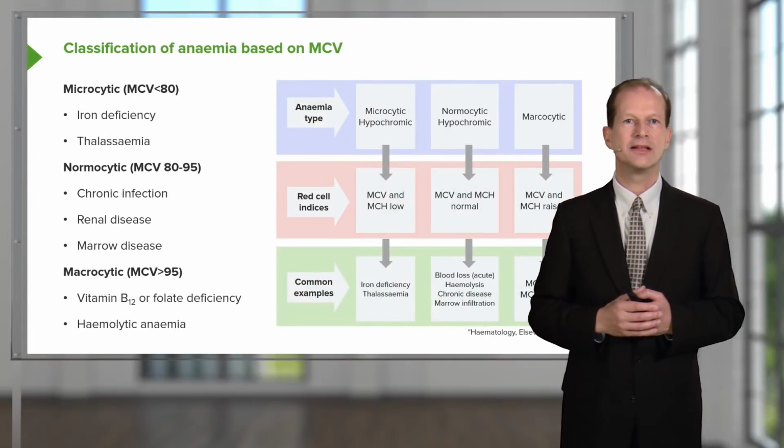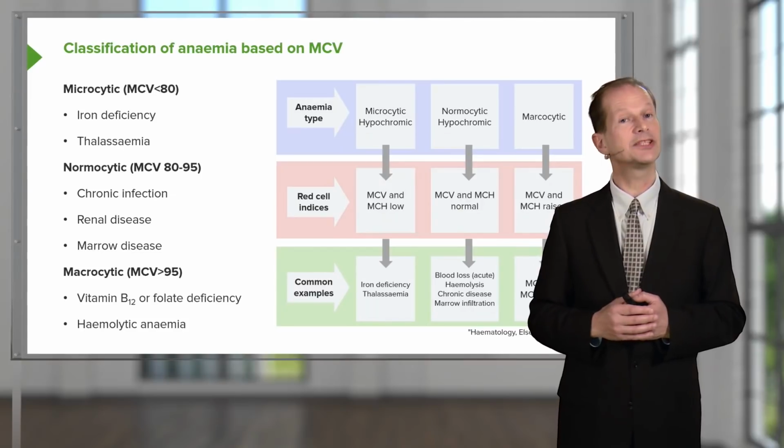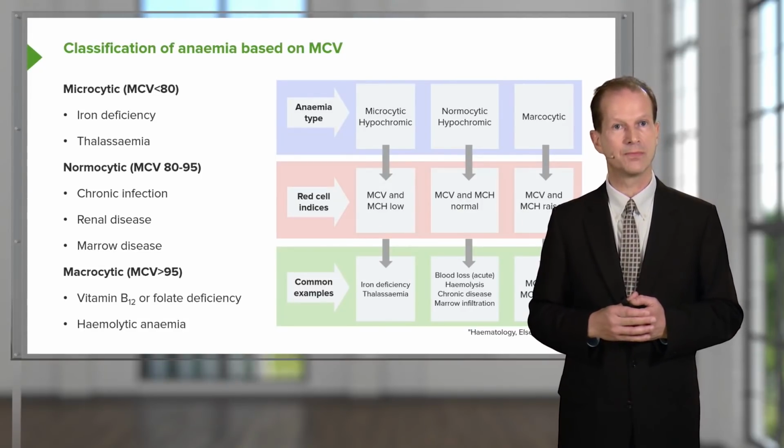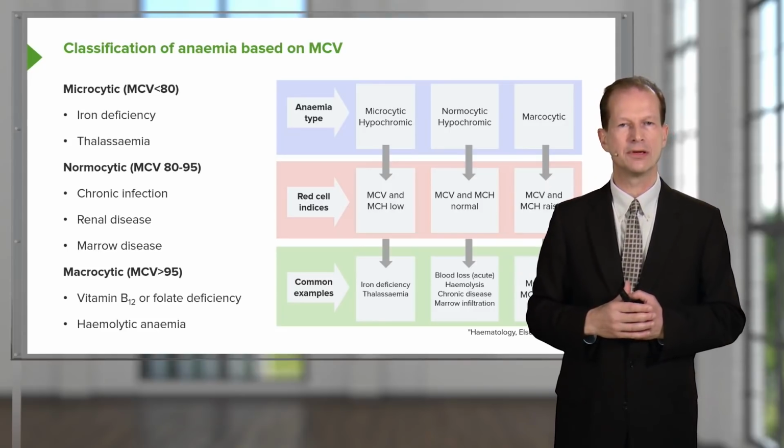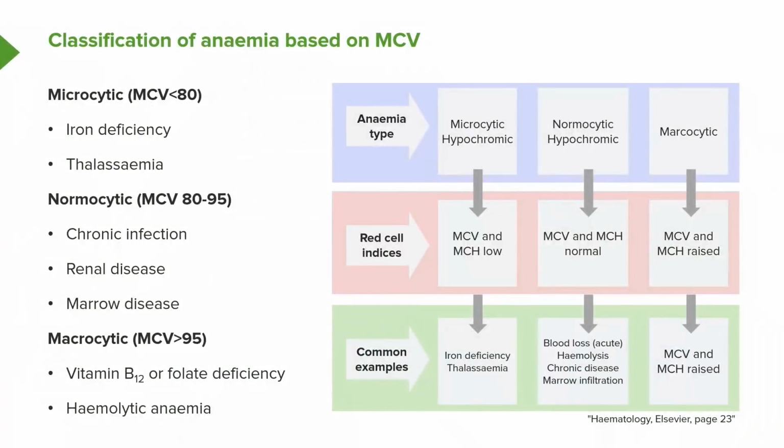Here we see the classification of anemia based on the mean cell volume. So on the blue row, you will see the anemia type. Microcytic hypochromic. Those are small cells with low levels of hemoglobin. Here we have two subsets of disease that we will discuss in more detail: iron deficiency and thalassaemia.